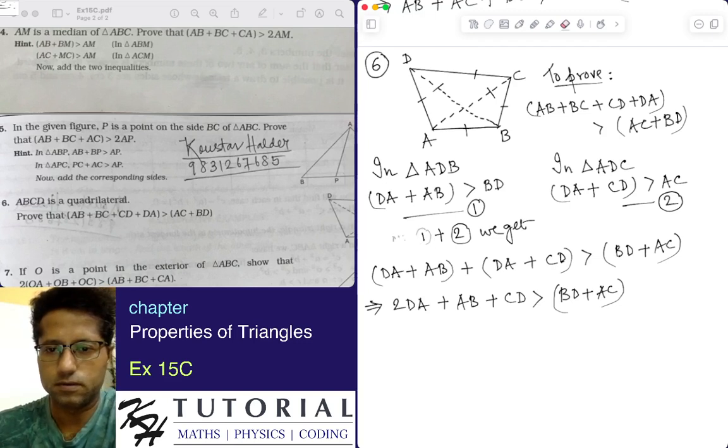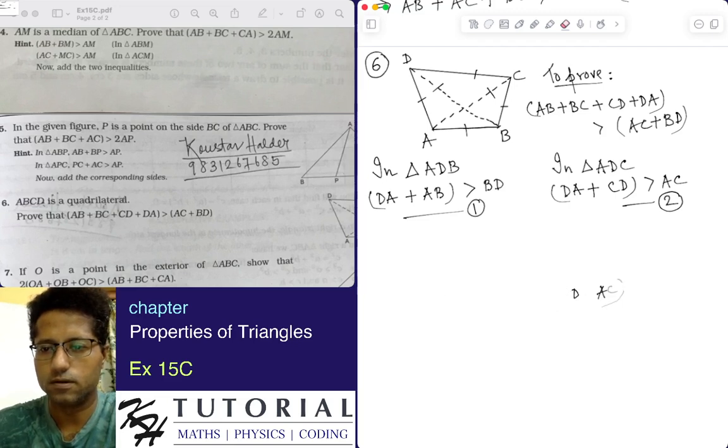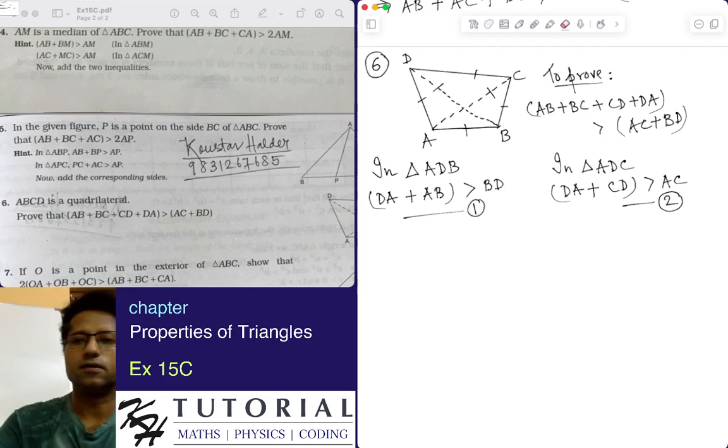We will not yet add inequalities 1 and 2, because we can see that four triangles have been formed by the quadrilateral's sides and the two diagonals.